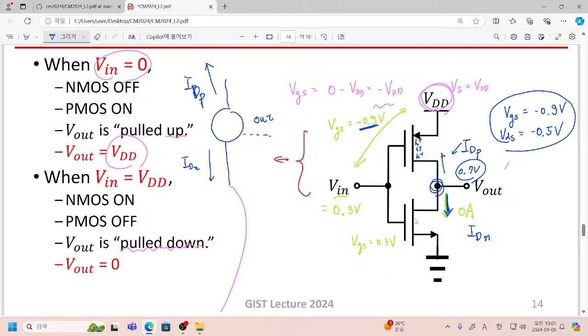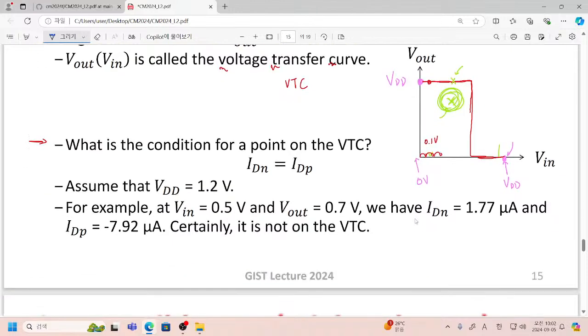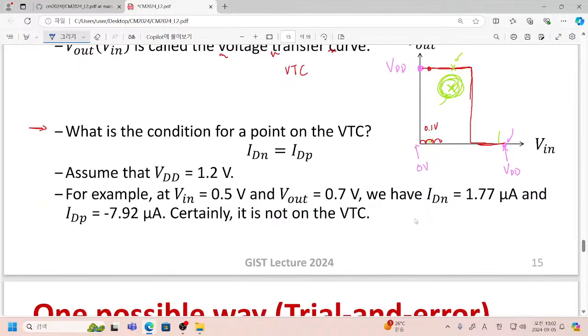So since we have only two branches, the sum of the two branch currents should vanish. If that does not vanish, it means that there will be just accumulation of something, which is not possible. So simply speaking, the condition whether a point is on the VTC or not is simply written in this form. Okay.